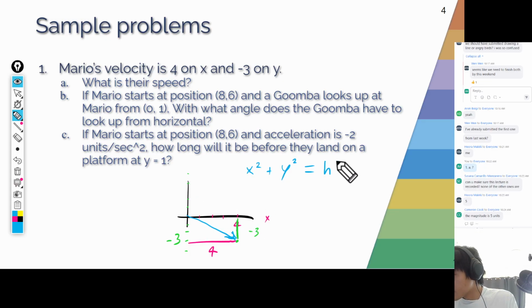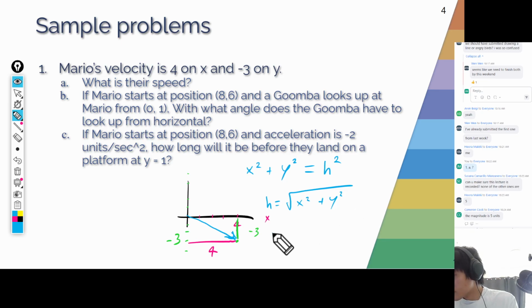We'll just call it h squared. So if you take the square root of all of this, you just put it the other way around: h equals the square root of x squared plus y squared. What's x squared?